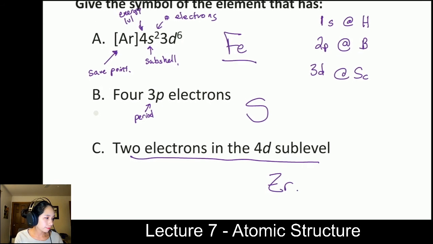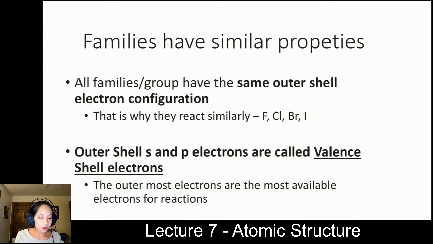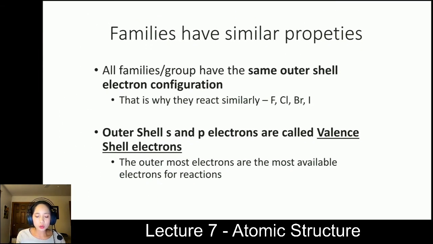Okay. So, I said before, when we're learning about electrons, we're learning about reactivity of elements. And the reason the periodic table is arranged the way it is arranged is because we want to group together elements that have similar properties and similar reactivities with one another in the same column or the same group. The reason those elements react the same way or have similar properties and behaviors is because the elements in the same group have the same outer shell electron configuration.